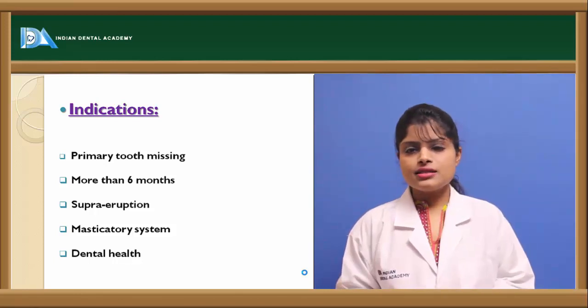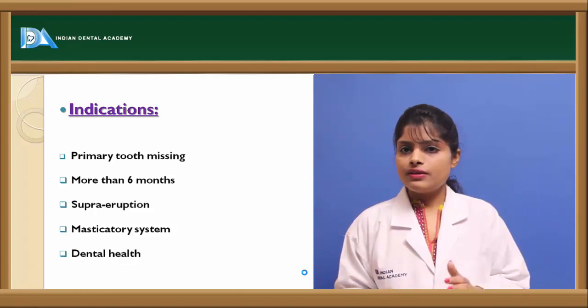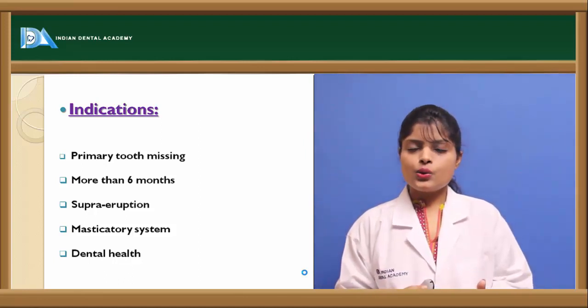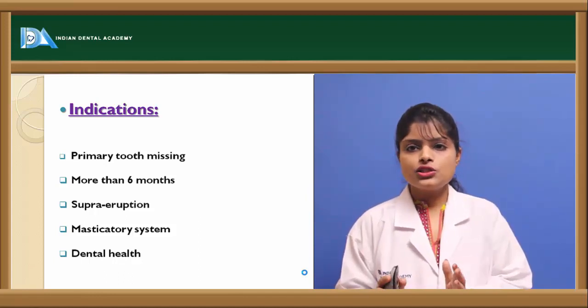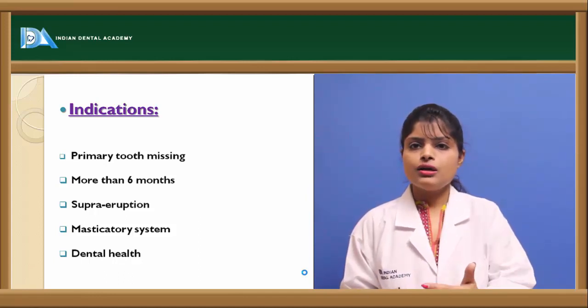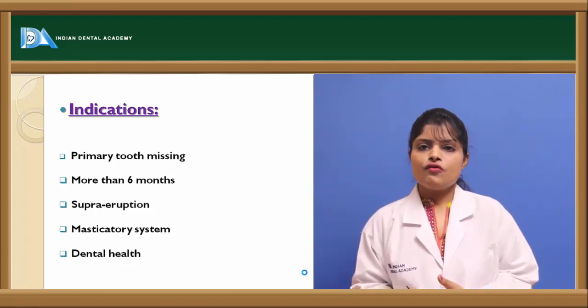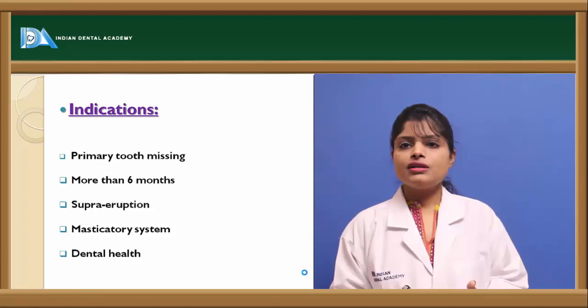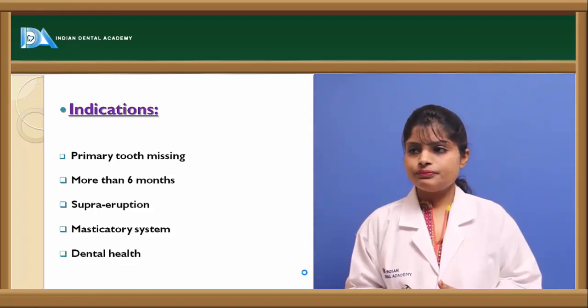Space maintainers are also indicated in cases where giving a space maintainer will further simplify the orthodontic treatment for a particular person. It can also be given in patients where orthodontic treatment is not required in future stages of life.